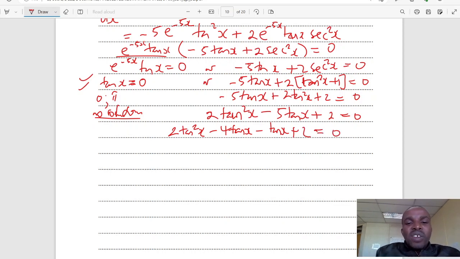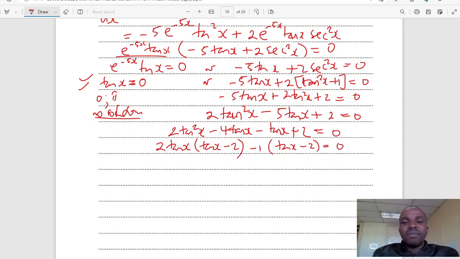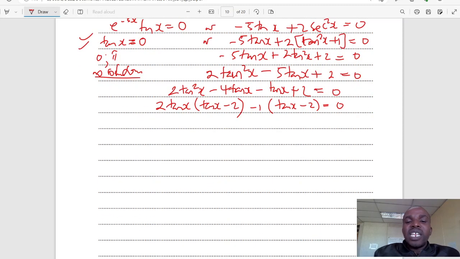Then you factor out 2 tan x, you get tan x minus 2. This side you factor out minus 1, you get tan x minus 2. Then is equal to 0, like this. Then you can see they are the same inside the brackets.